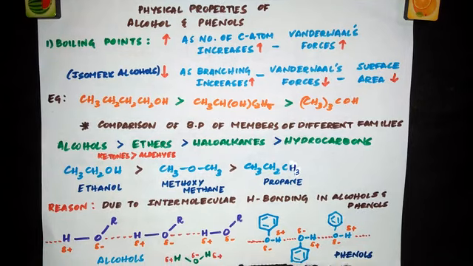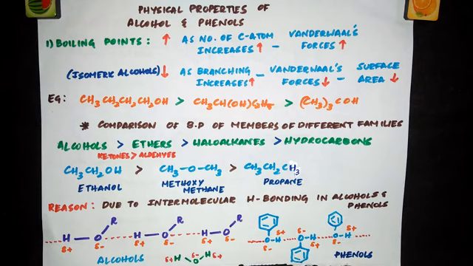Now we are going to compare the boiling points of alcohols and phenols with different families. It is interesting to note that the boiling points of alcohols and phenols are higher in comparison to other classes of compounds like hydrocarbons, ethers, haloalkanes and haloarenes of comparable molecular masses.